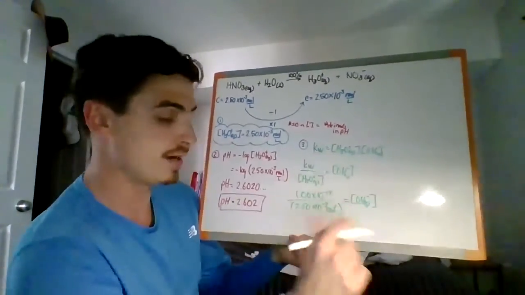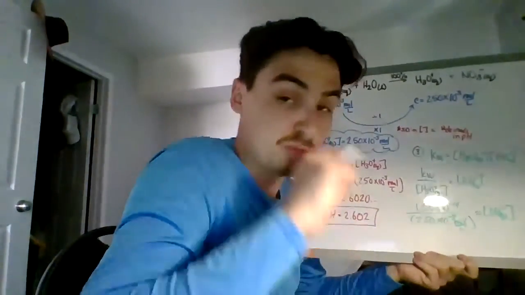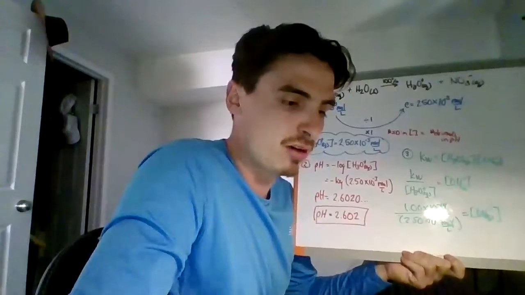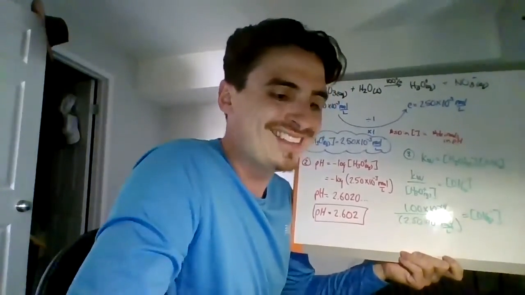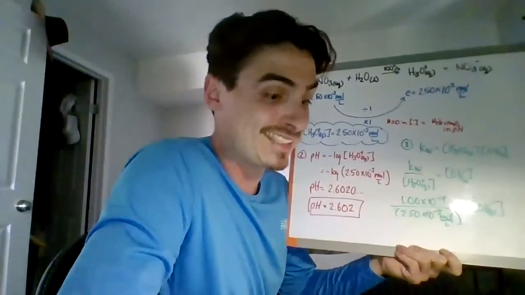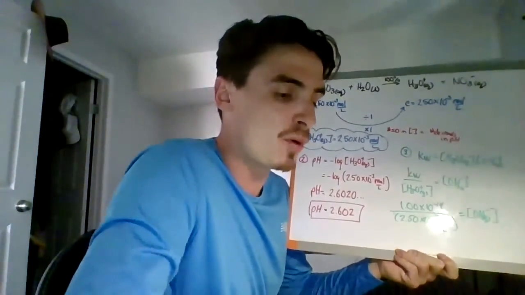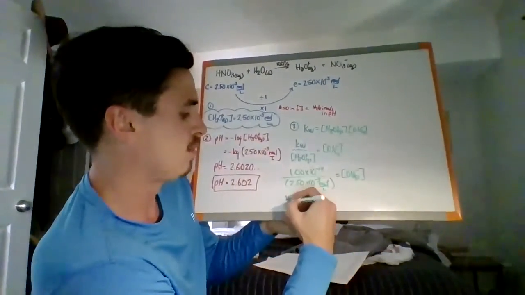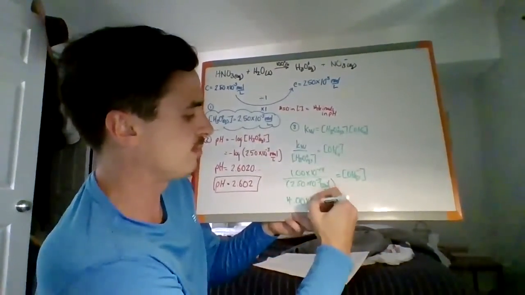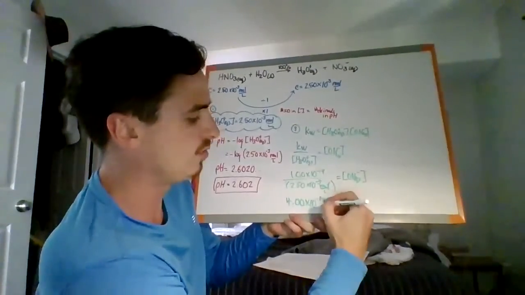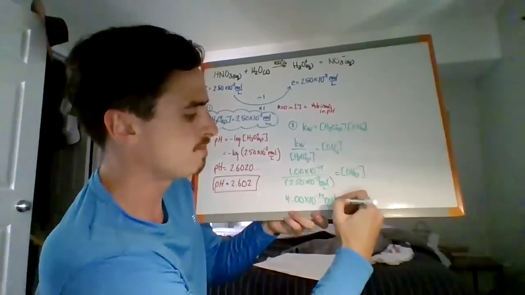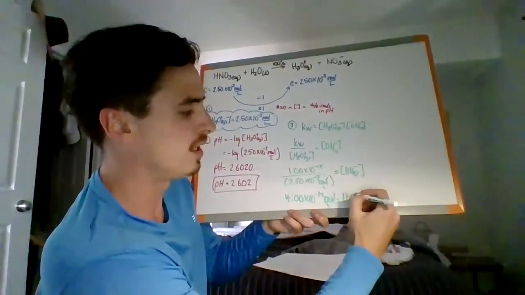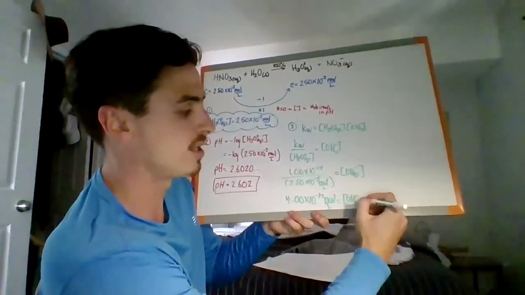So in my calculator, I'm going to do bracket 1.00 exponent minus 14 divided by bracket 2.50 exponent minus 3. And I'm going to get, guys, 4.00 times 10 to the negative 12 moles per liter is the concentration of hydroxide.